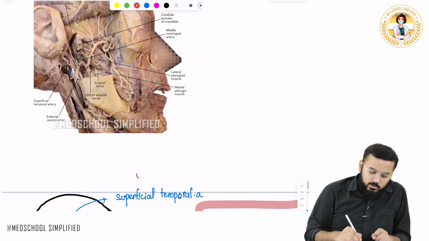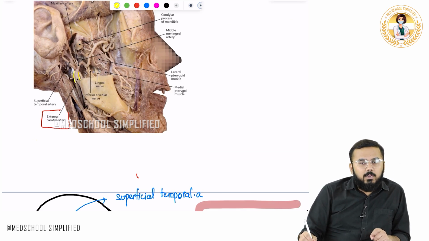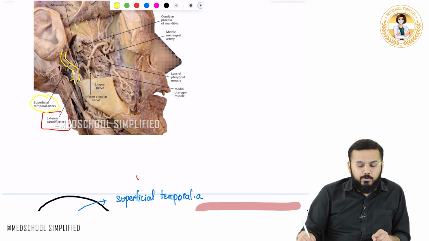Look at the picture here. You see external carotid artery which is shown in the picture. You see this? This is your external carotid artery. From external carotid artery, which artery should come out? Superficial temporal artery. See, you see this superficial temporal artery here. You see it is passing up like this, right? So this is a superficial temporal artery. Fine.